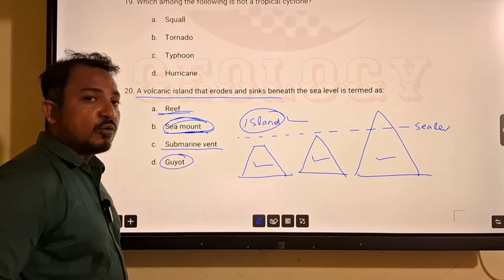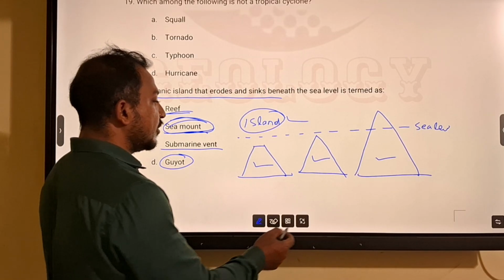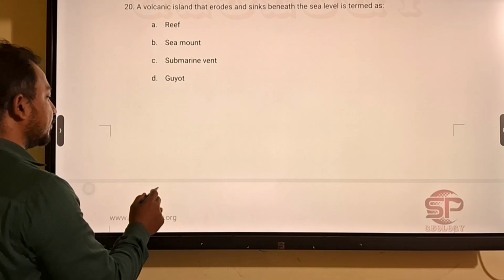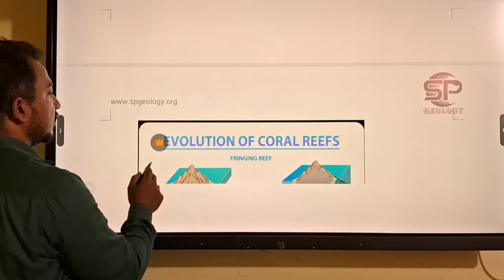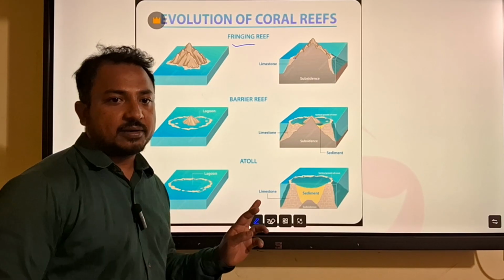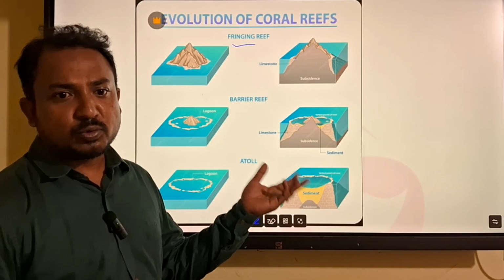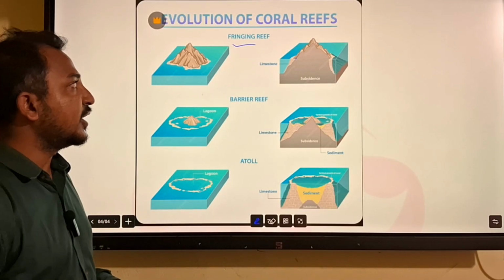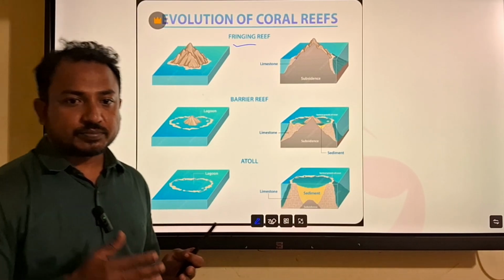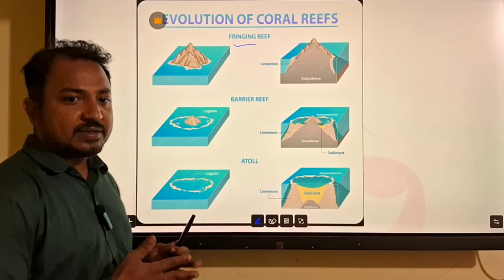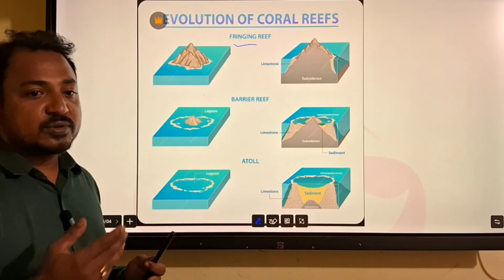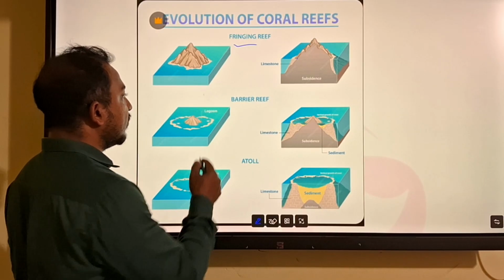Then reefs. These are coral reefs that occur because of coral deposition along the slope of the mountain. There are three types of coral reef: fringing reef, barrier reef, and atoll. The fringing reef is the most common type of reef, generally growing attached to the shoreline along the coast of islands. Then the barrier reef is similar to fringing reefs but separated from the coastline by a deeper, wide lagoon.